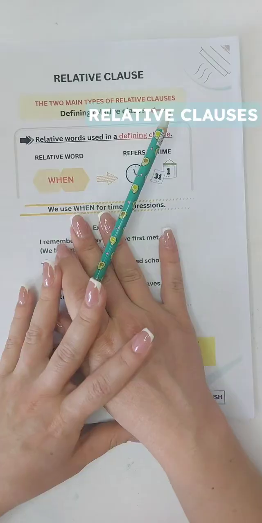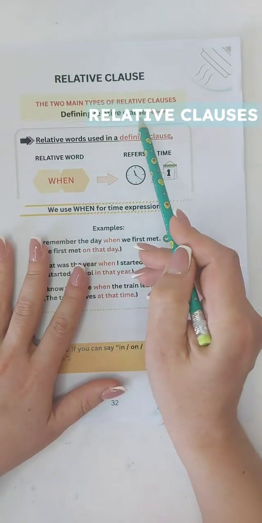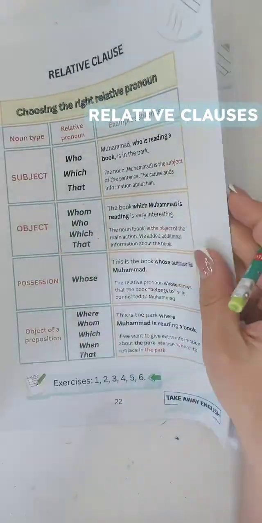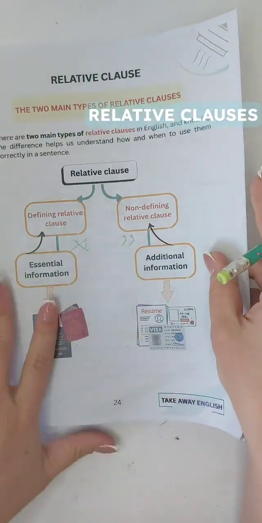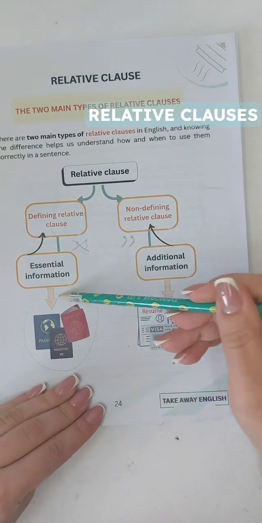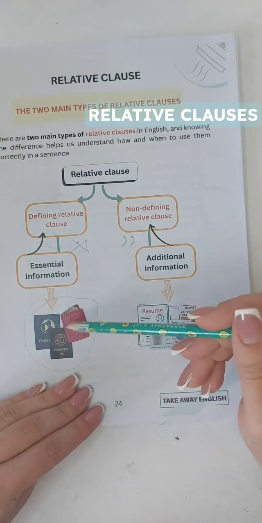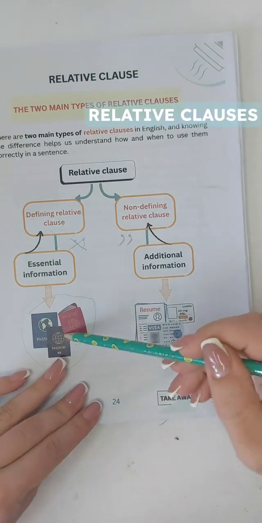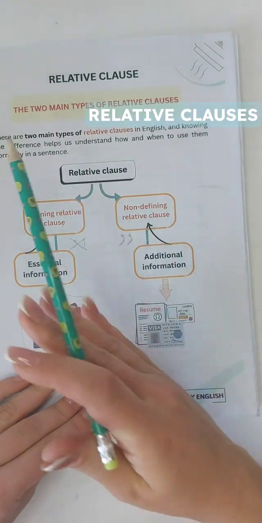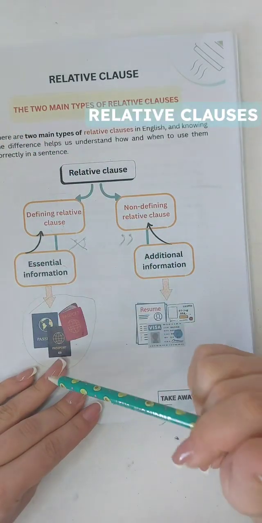So again, for now, we are learning defining relative clauses, okay? Again, what are they? Defining relative clauses provide essential information like a passport, right? This information helps us identify someone or something.